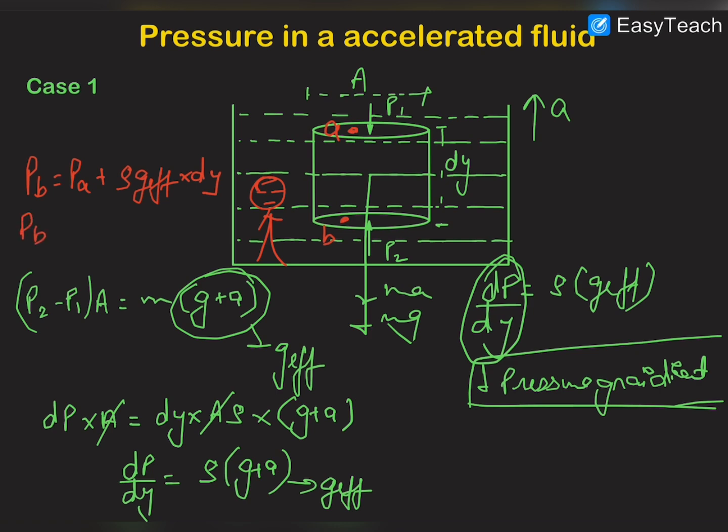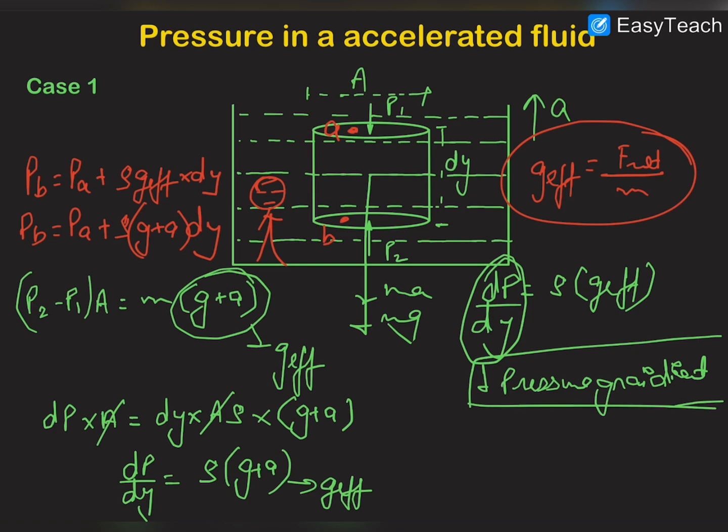So Pb will be equal to Pa plus rho (g plus a) dy. Actually, g effective is the net force in the frame of the liquid divided by m. The net force is mg plus ma, divided by m, so this is g plus a.